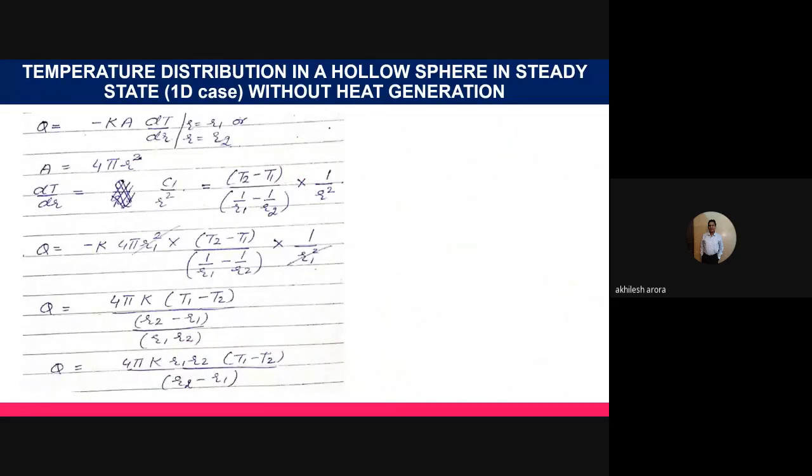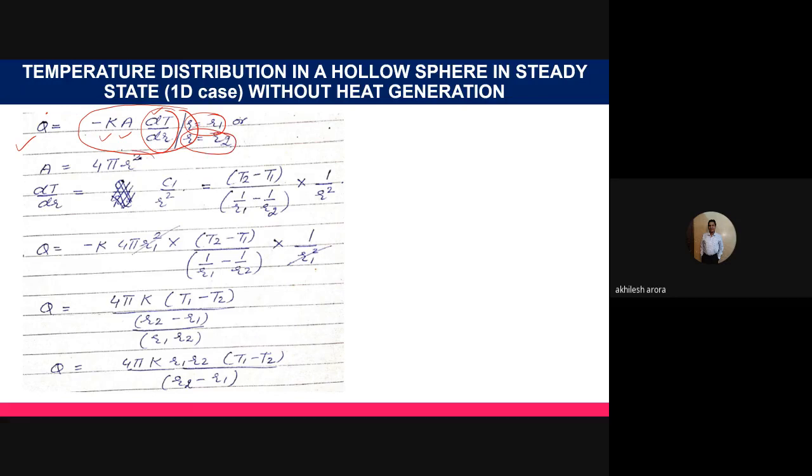Then the next thing is to calculate the value of the heat transfer. Now when you want to calculate the value of the heat transfer, we have the relationship that Q dot is equal to minus KA dT by dR, and we can calculate this value of dT by dR either at R equal to R1 or R equal to R2.